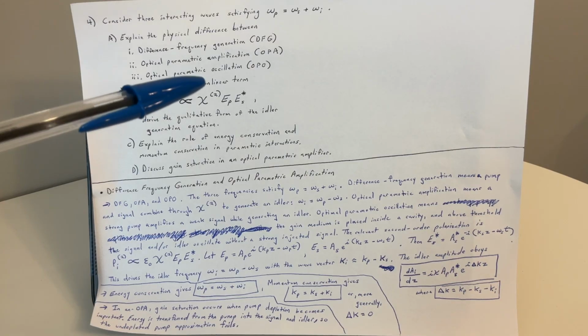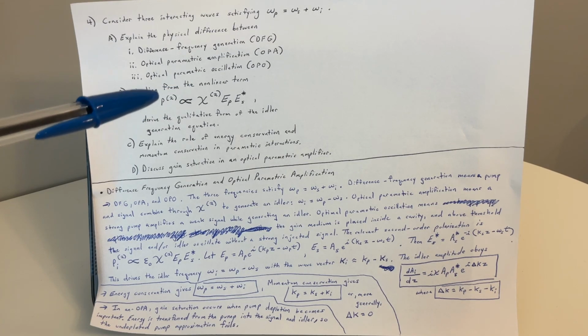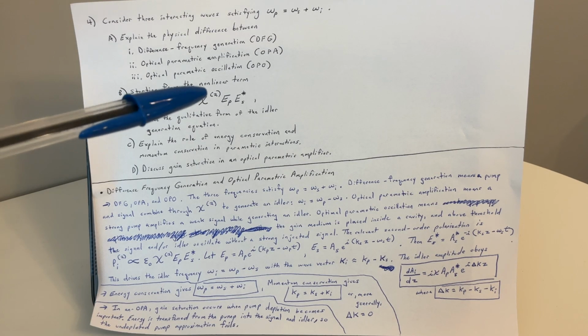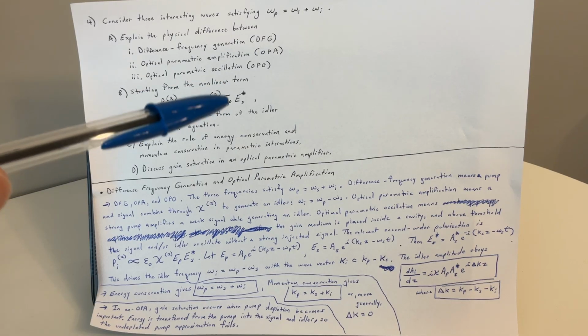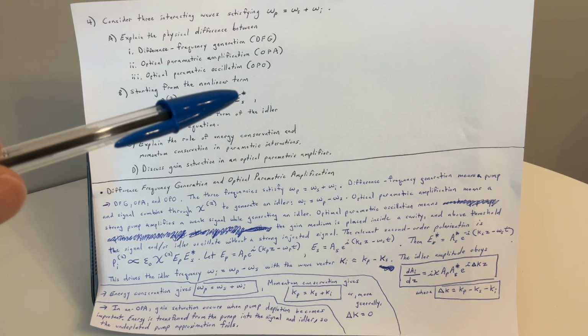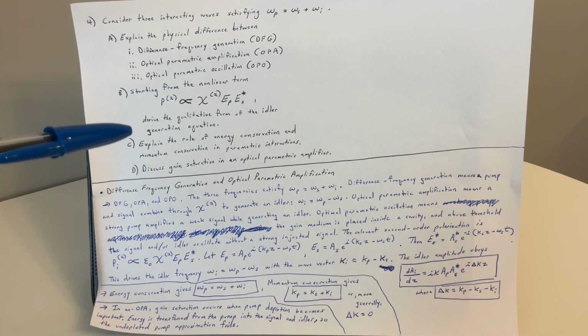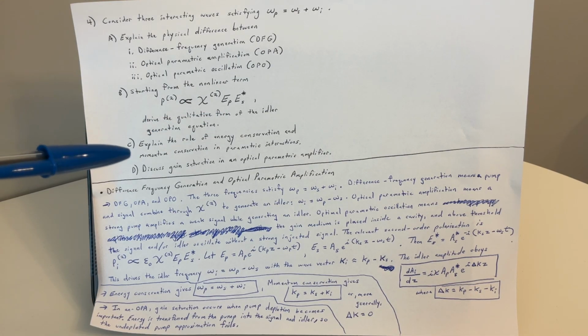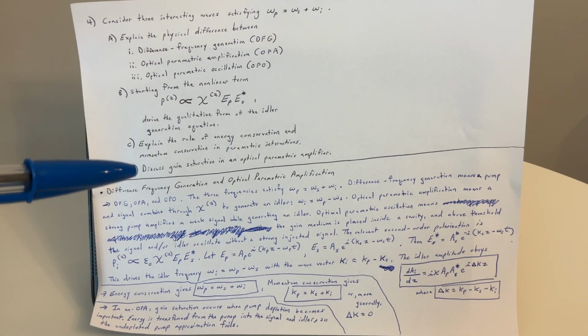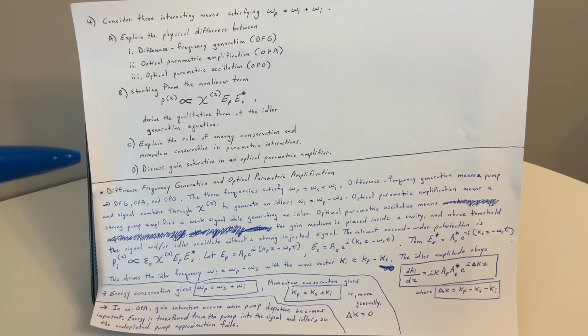Part B, starting from the nonlinear term, P second order proportional to χ second order E_p E_s star, derive the qualitative form of the idler generation equation. Part C, explain the role of energy conservation and momentum conservation in parametric interactions. And part D, discuss gain saturation in an optical parametric amplifier.